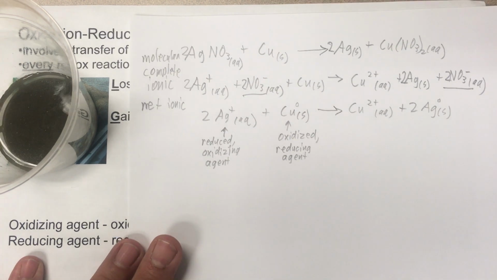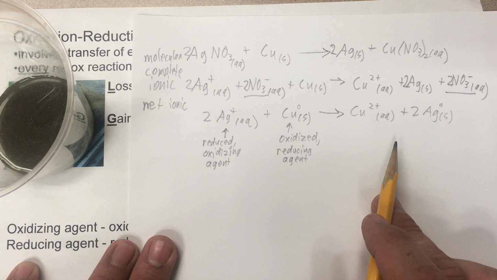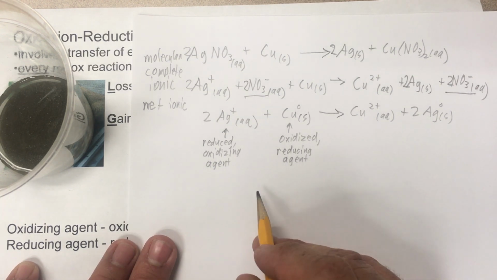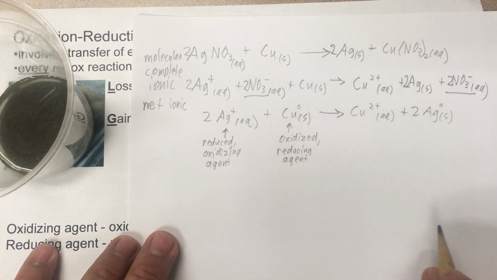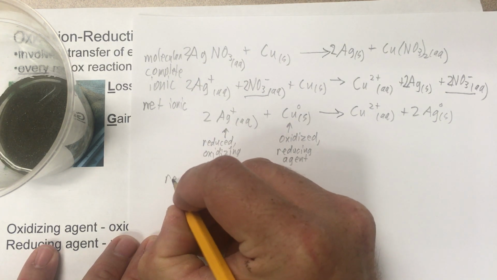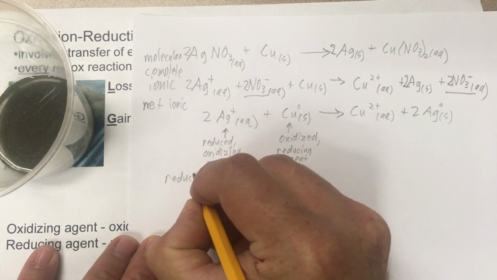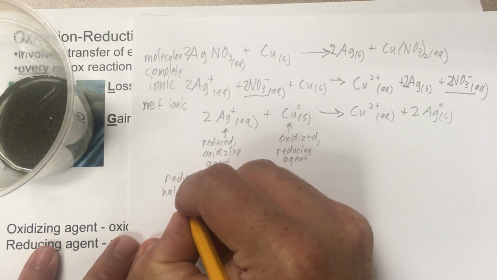Now, what we can also do is break this complete reaction into 2 half reactions. And in the half reactions, you can actually show the electrons transferring. For example, we can talk about a reduction half reaction.